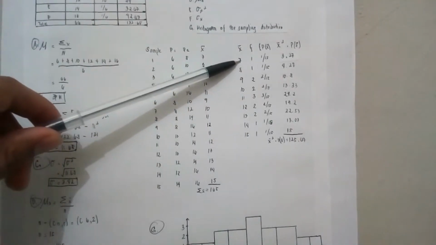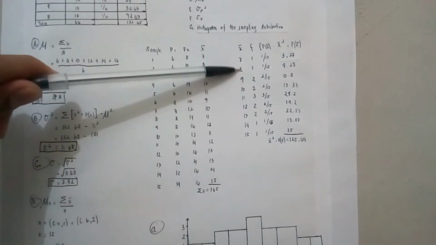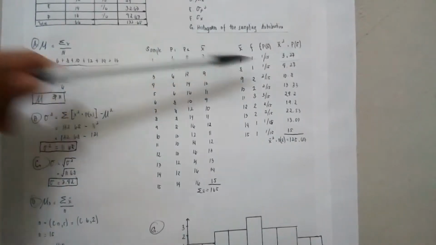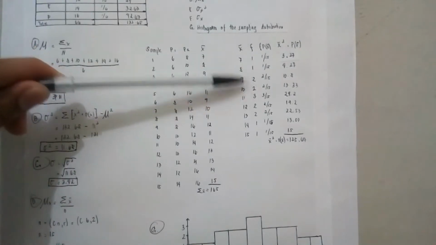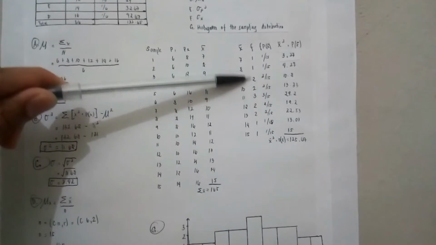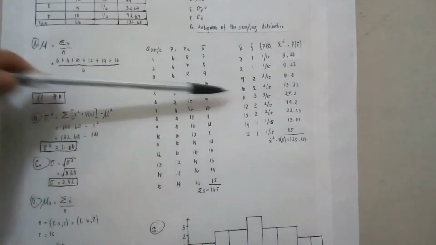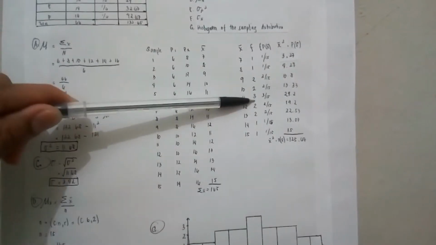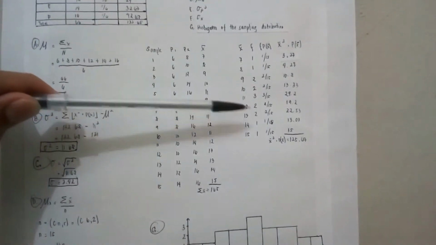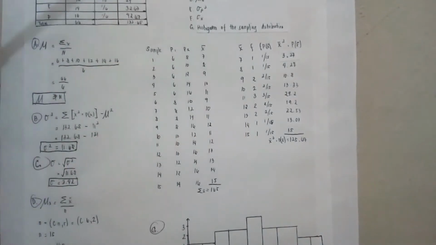So, ang 7 is since isa lang nandito, 1 lang ilalagay natin. Sa 8, since isa lang rin, 1 lang din ang ilalagay natin. Sa 9, since dalawa ang 9 dito, 2 ang ilalagay natin. Ganun rin sa 10. Sa 11, since tatlo, 3 ang ilalagay natin. Sa 12 and 13, 2. Same as 14 and 15.